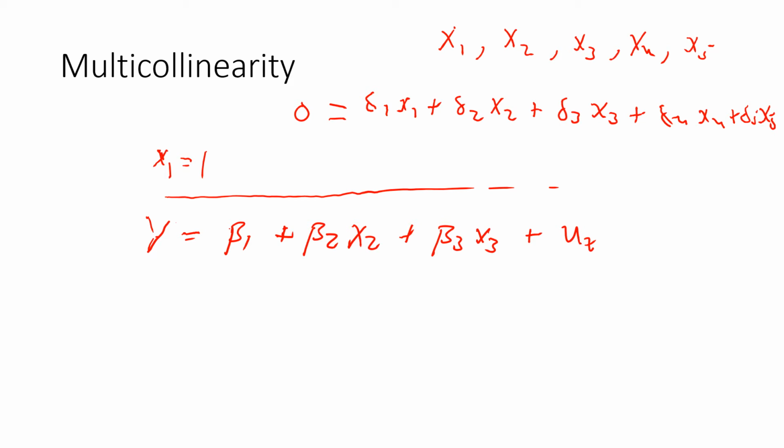And if x2 and x3 are perfectly related such that we can express them in the form of a linear relationship as x3 equals sigma 1 plus sigma 2 x2, where sigma 1 and sigma 2 are basically constants, then we can express x3 as a linear function of x2 in this scenario.